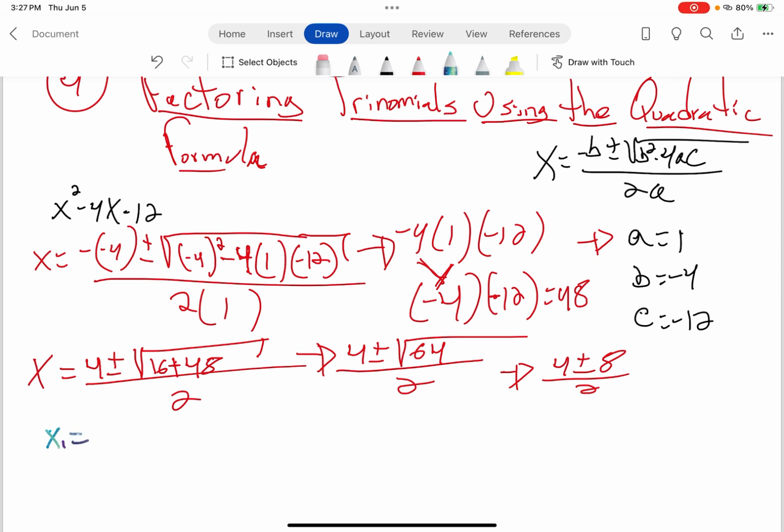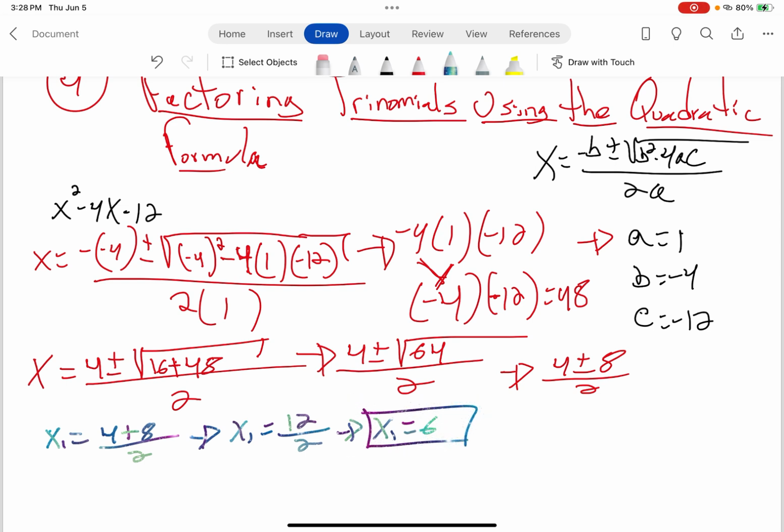For x1 I will use the positive. So x1 is equal to 12 divided by 2. So x1 is equal to 6.